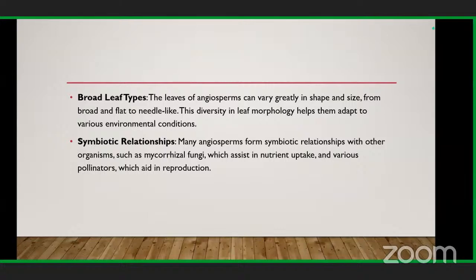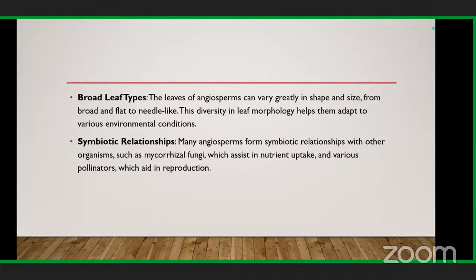So you will see leaf types vary from species to species in shape and size. Somewhere it will be small, somewhere it will be large, somewhere it will be broad, somewhere flat, and you will also see the needle-like leaf. So there is a huge diversity in the leaf morphology, and it helps them to adapt to various environmental conditions.